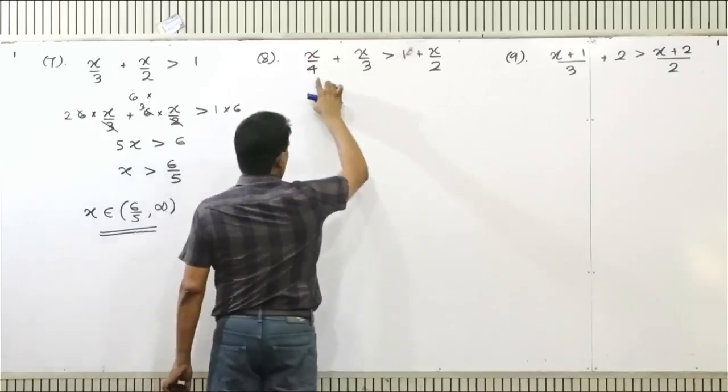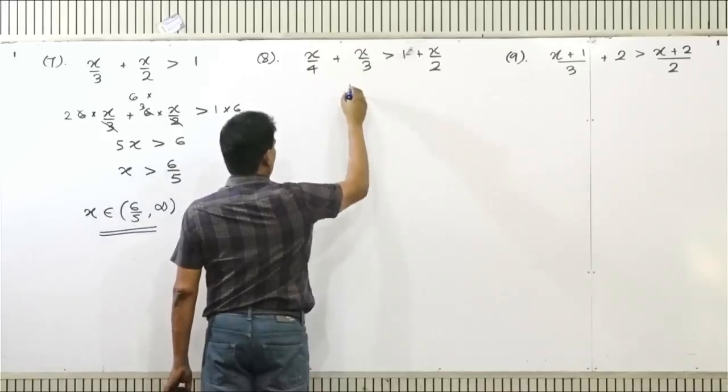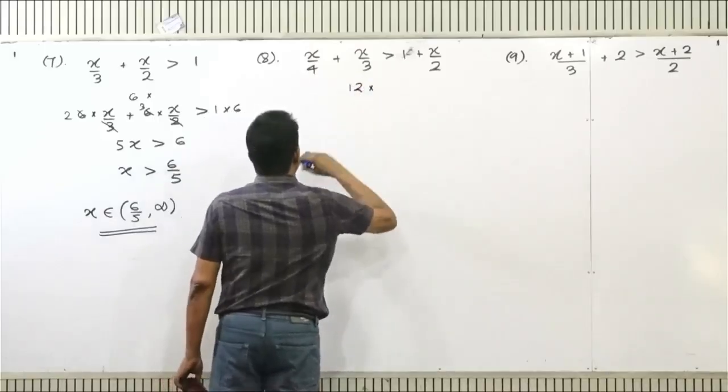In this case, common denominator is 12. No? So you have to multiply both sides by 12.